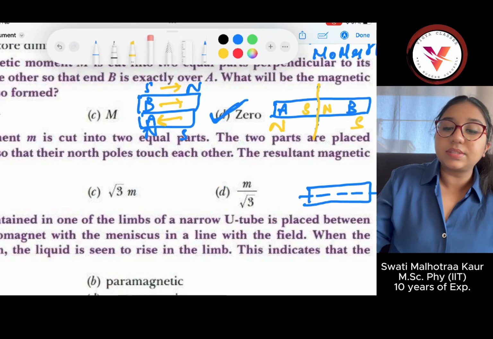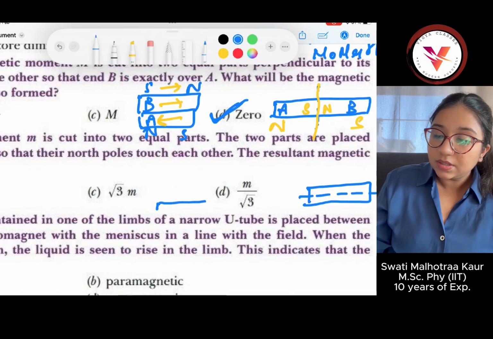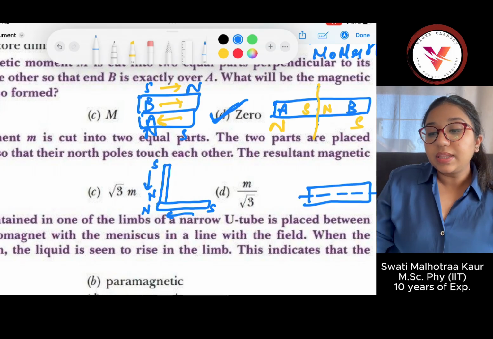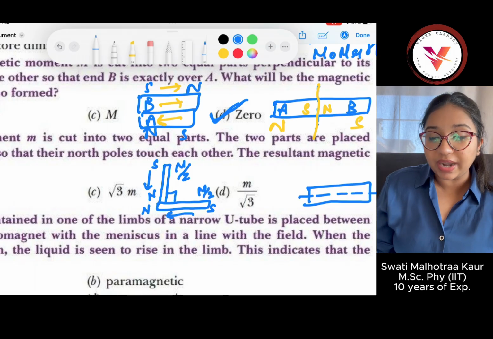Let's redraw it. This is one bar magnet with north and south. South to north is the magnetic moment, and it has a magnitude of M by 2. This is also a magnetic moment of M by 2. They have an angle of 90 degrees.